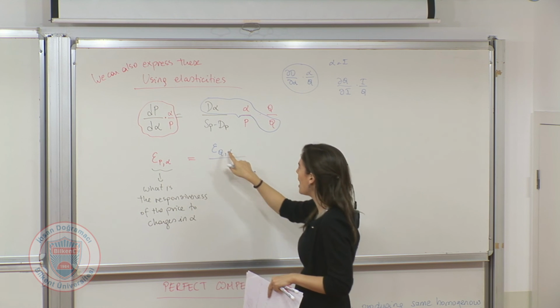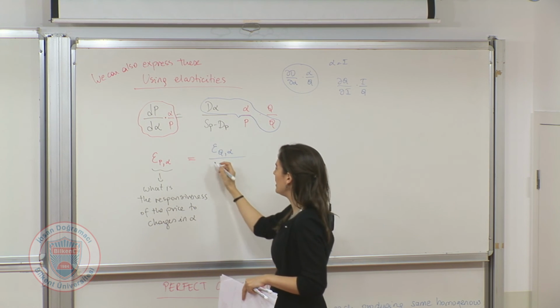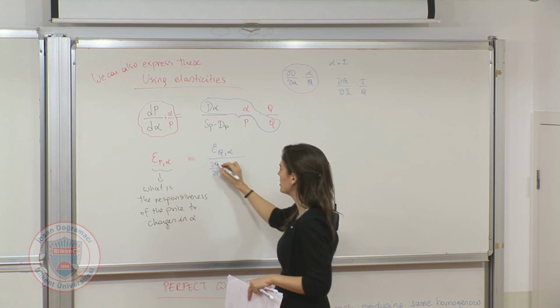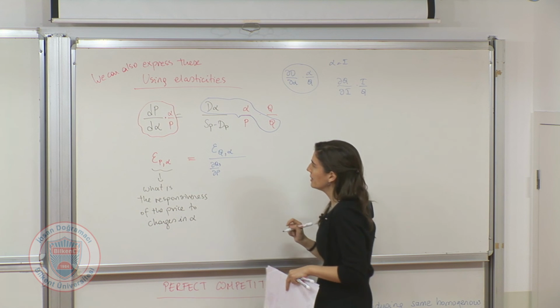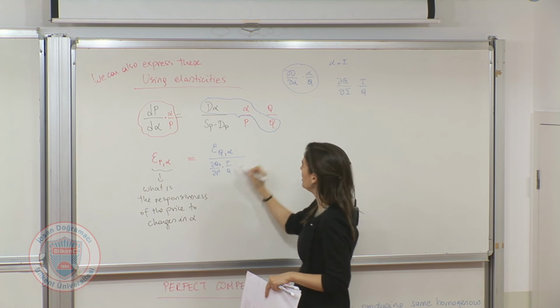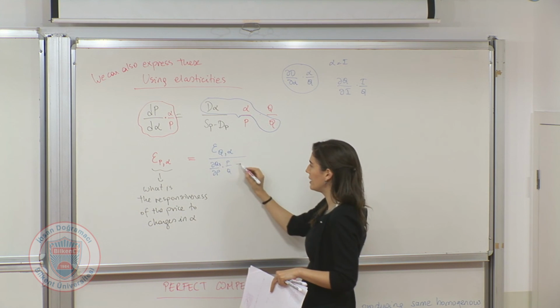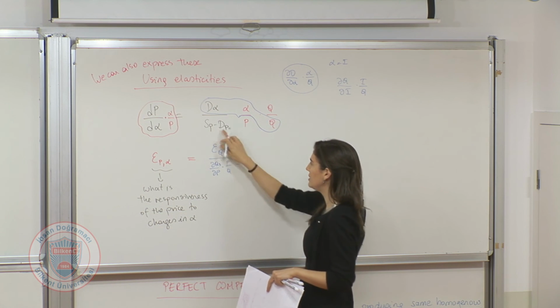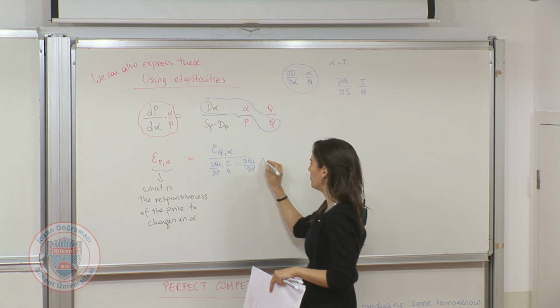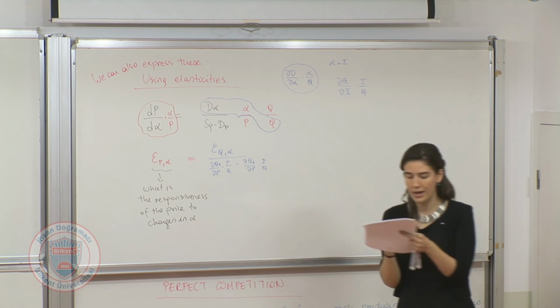Now I'm going to write these. S_P is del S over del P, okay? So I can call it Q_S, del P, and then I'm going to put P over Q here. I put Q down, and instead of D_P, I write Q_D, del P, P over Q. What are these?